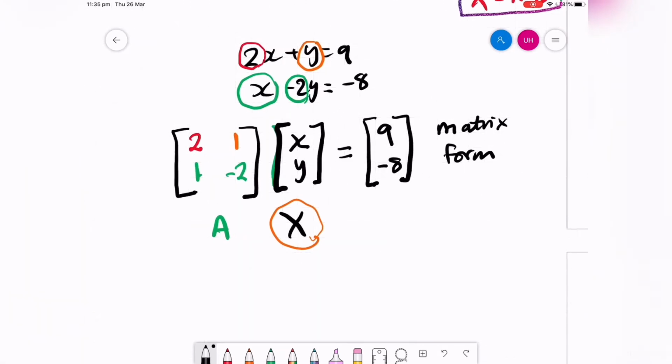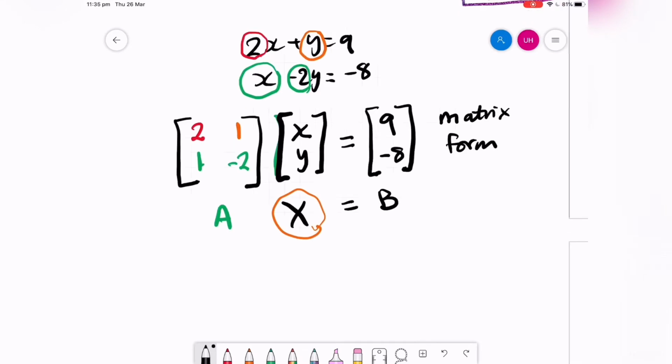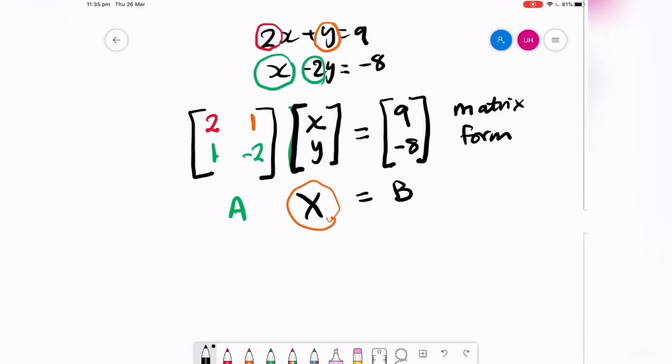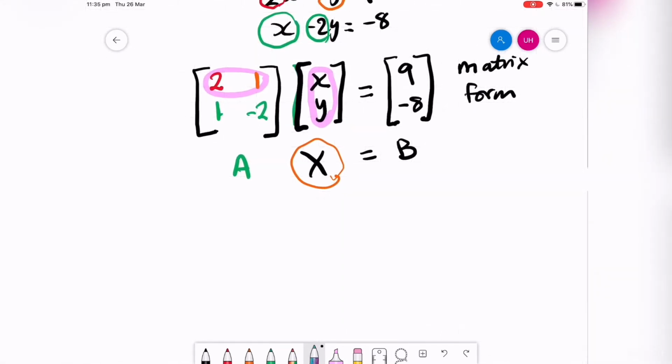How to check it works? This is equal to B, this is the B matrix. If we multiply 2 and 1 times x and y, we will get 2 times x, which is 2x, plus 1 times y, so plus y, equals 9.